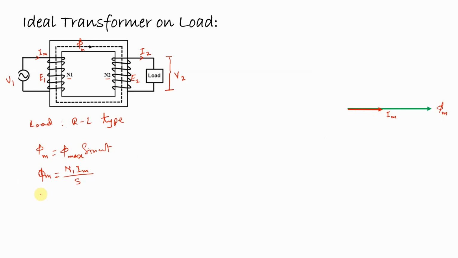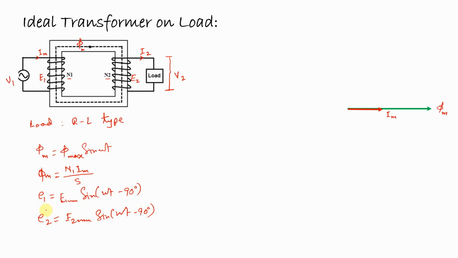We have also discussed that in case of an ideal transformer, the EMF induced in the primary is E1 equals E1 max sin omega t minus 90 degree, and similarly E2 is equal to E2 max sin omega t minus 90 degree.